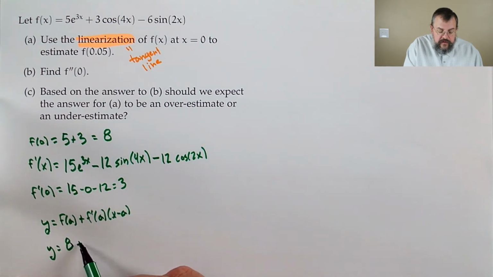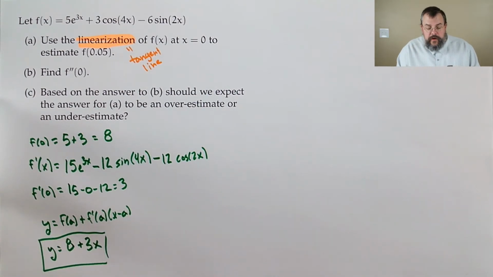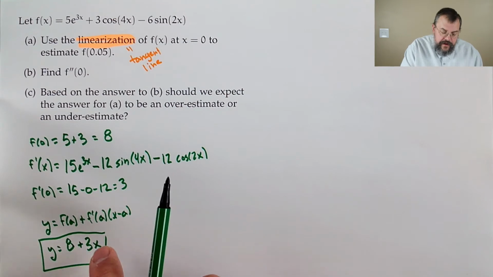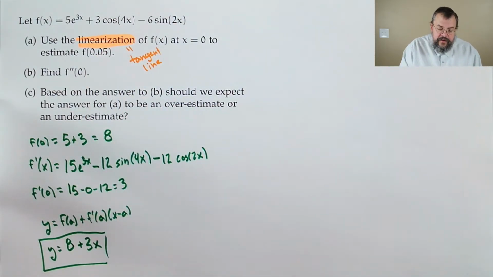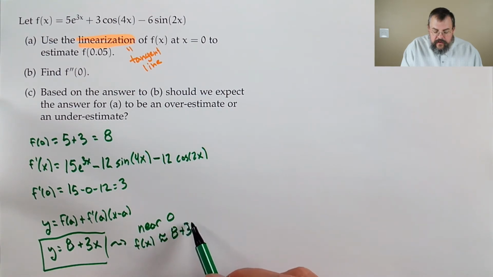So 8 plus 3x. Okay, so this is part of our answer. Well, it's not our answer, but it's how we get to our answer. That's the linearization. So that says that near 0, f of x is approximately 8 plus 3x.